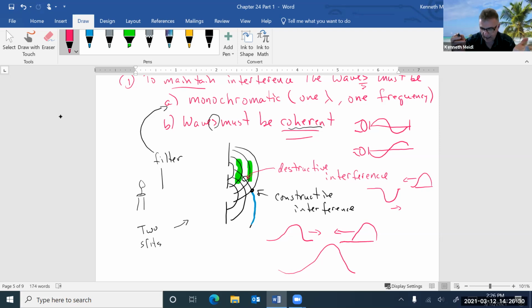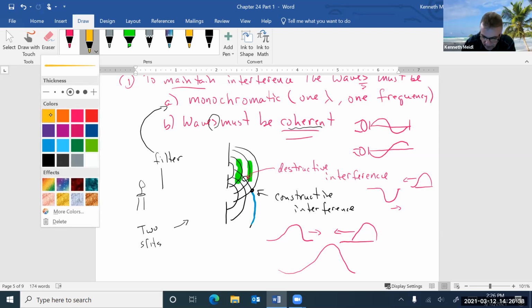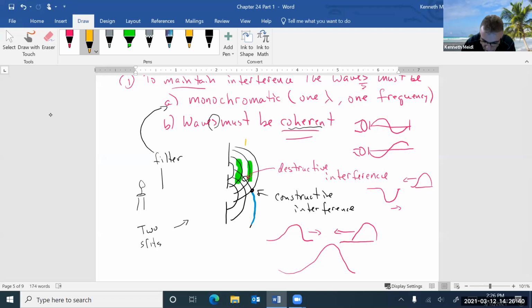But the clever thing here, and it's not that hard to do, is if you put, say, a wall or a screen like right here, this spot maintains destructive interference. Okay?